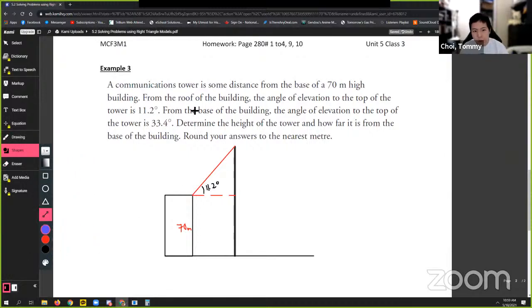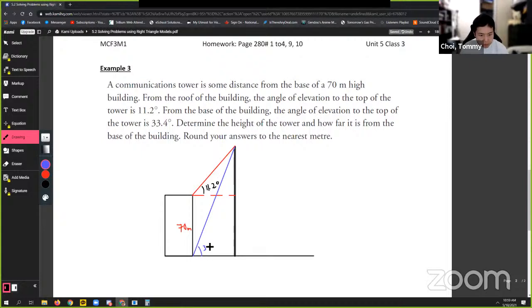Then it says from the base of the building to the top of the tower, this angle here is 33.4 degrees. And then it says determine the height of the tower. So determine this length here, which is h. And also determine this to here, which we'll call x. So you need to find x and you need to find h.